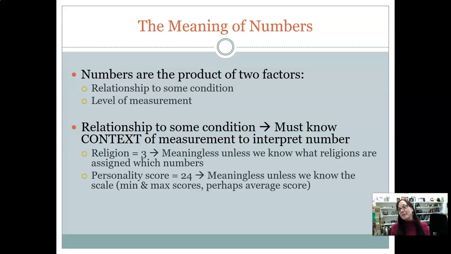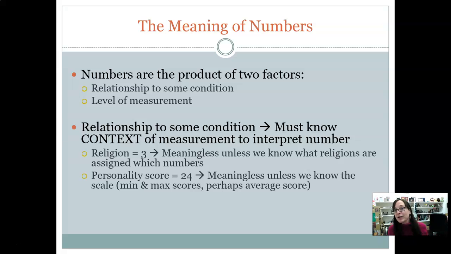And if you have something like a personality score of 24, again, that's meaningless unless you know the scale. What's the minimum? What's the maximum? Maybe what's the average? If it's a scale of 0 to 100, 24 means something different than if it's a scale of 0 to 25. If it's a scale of 0 to 50, then that's right in the middle.